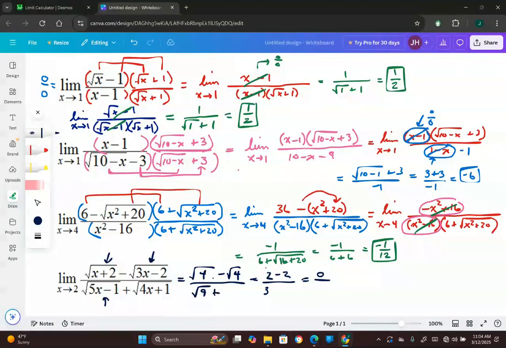Plus, this one, if I plug in 2, I get the square root of 9, which is 3. But it's 3 plus 3. What is 0 over 6? That's not indeterminate. It's just 0 divided by 6, which is 0. So always make sure that you don't have an indeterminate form first. You might just have a problem where plugging in the number is enough to find your limit.